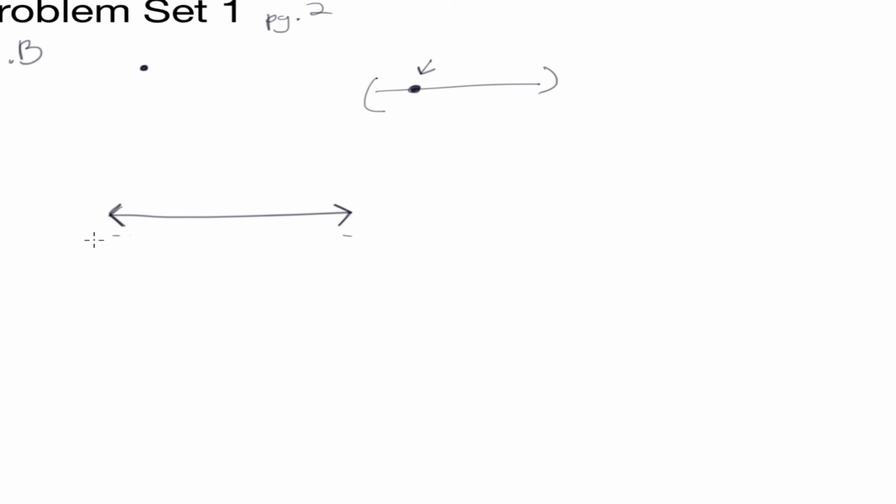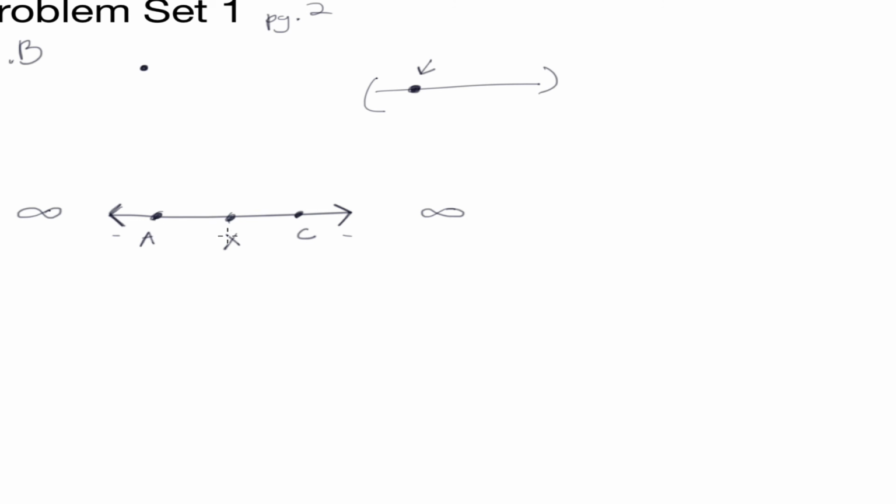So that's what the arrow represents. It goes on to infinity. And the way you write infinity is this sideways 8. Okay. All right.